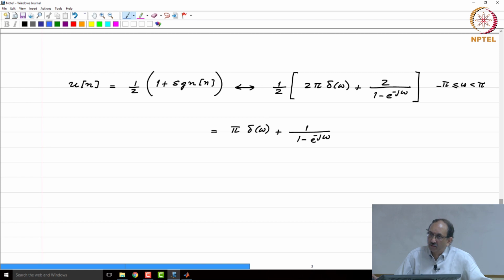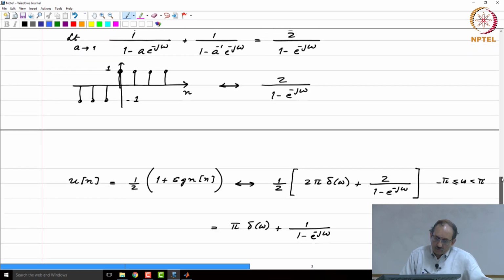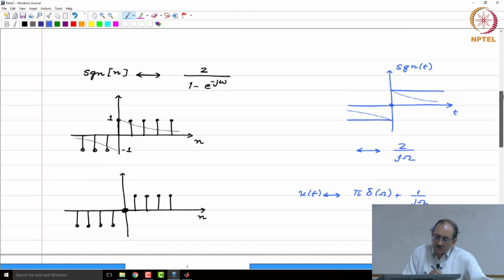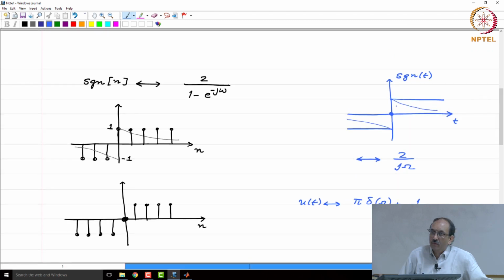So, exactly the same thing that was happening here in the continuous time case, 1 by S, and the region of convergence is real S greater than 0. Therefore, you could not take the Laplace transform of 1 over S and replace S by j omega because the region of convergence does not contain the j omega axis. Similar thing is going on here.